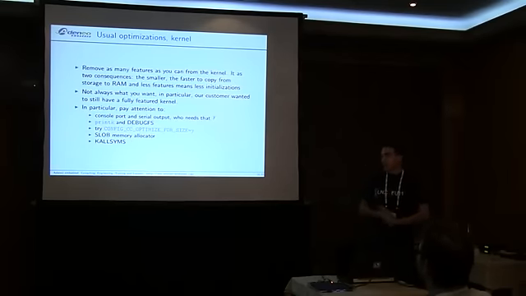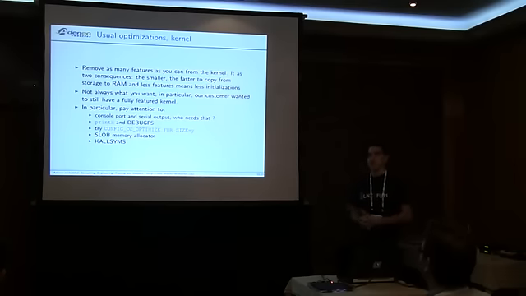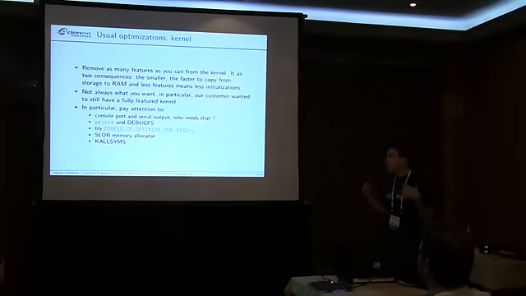One of the first steps you want to take is to remove as much as possible from the kernel. The fewer features you have, the smaller your kernel will be, and if it's smaller, it will be faster to copy from storage to RAM.